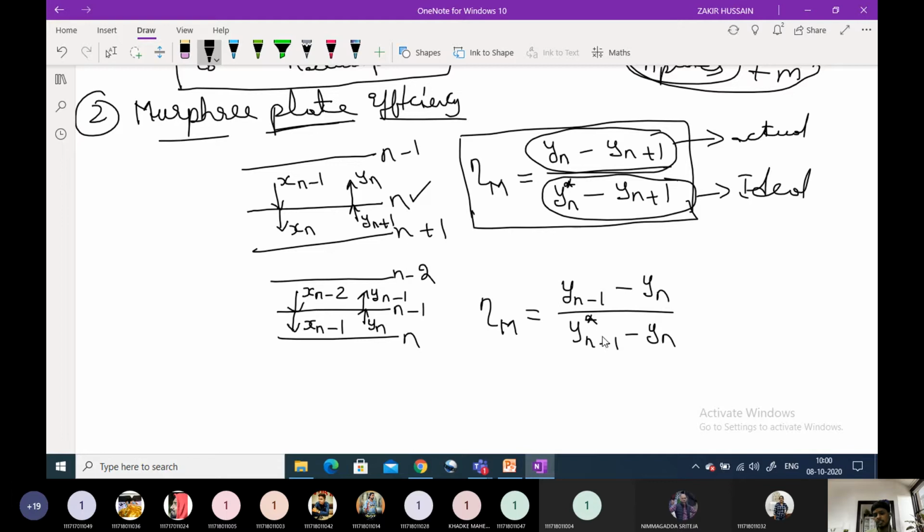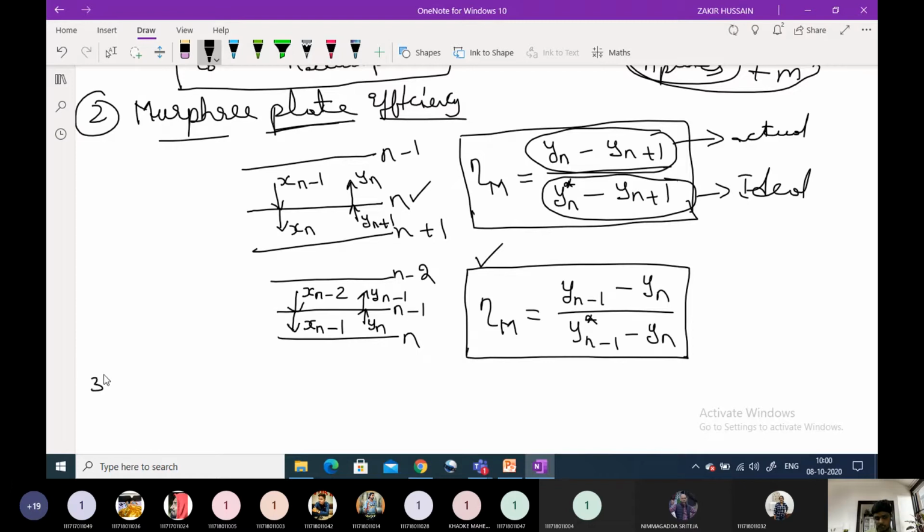Murphy plate efficiency is defined with respect to the vapor compositions, not the liquid compositions. In the same way, we can apply the Murphy plate efficiency to any plate present in the column. This is the individual plate efficiency.